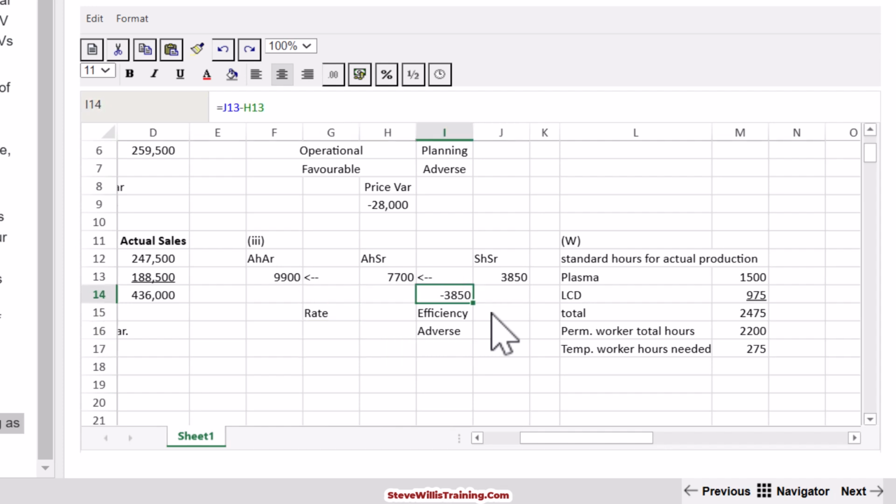And watch this, I can just copy that formula because it's a relative cell address. And we have an adverse 2,200, right? We paid more than expected.